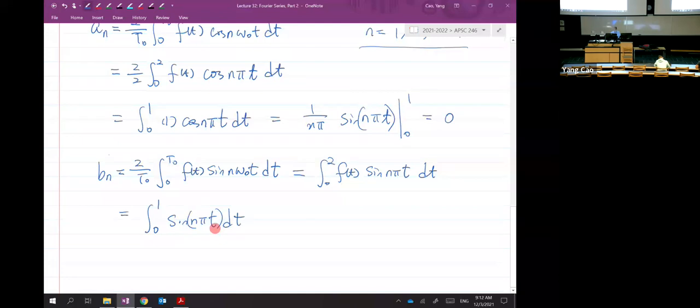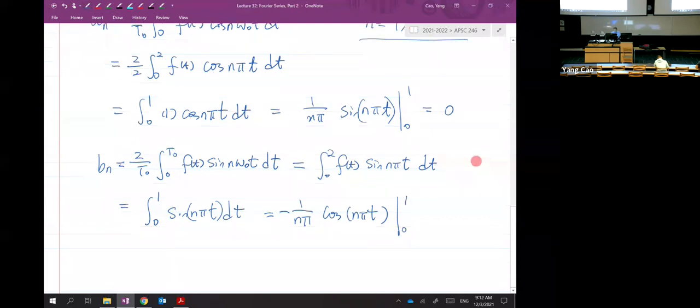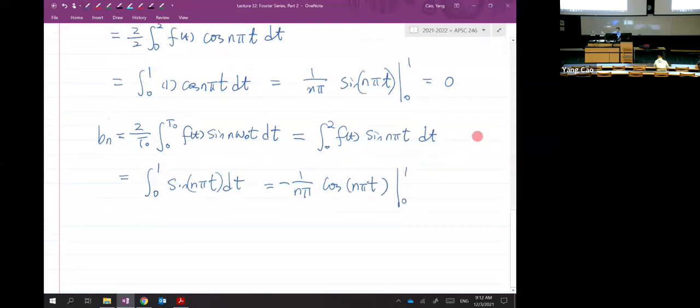The result of a sine integral is cosine. Technically negative, so put a negative in front of it. And then 0 to 1 is the limit. Plugging the limits into the cosine, we get 1 over n pi, once you don't forget the negative in front of it.